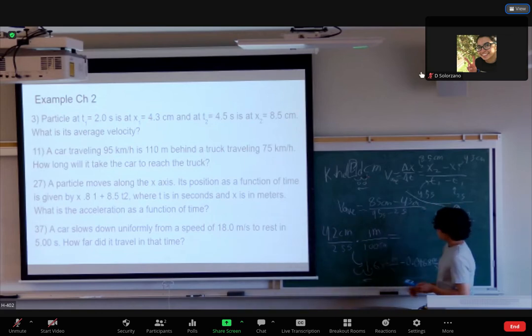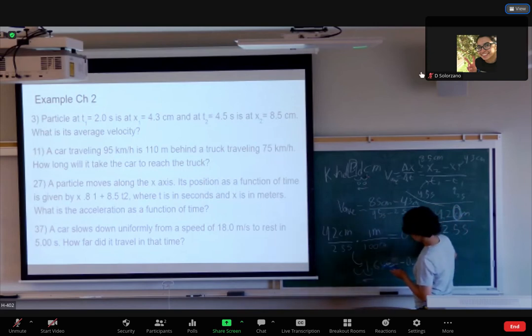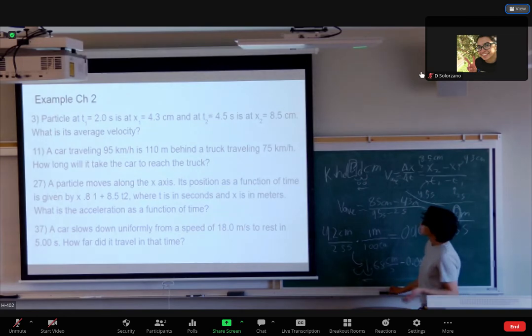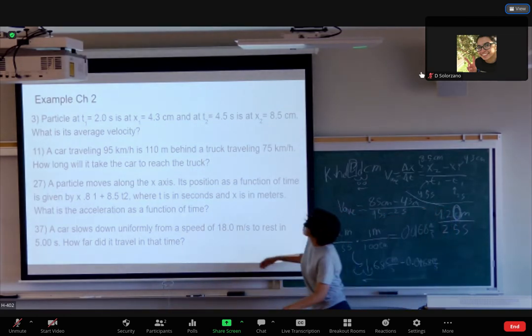And then you do that for up there, but just on top of that, I'm going to divide it by 100. And lo and behold, it also gets me 0.0168 meters over seconds. Cool? So that's one very similar to what we did. And if you're tracking along, it's this one up here.